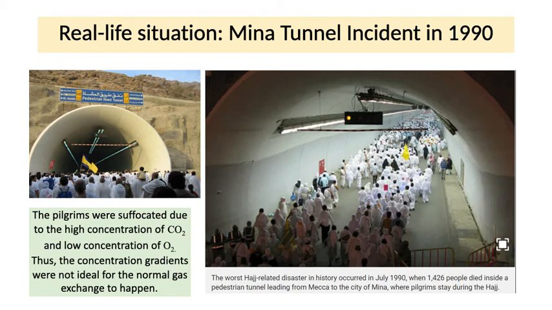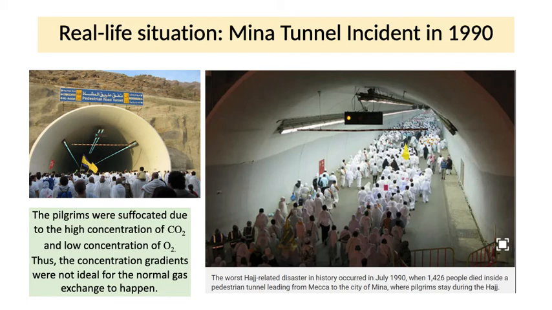In normal conditions, where the ventilation works well and the number of people who visited the sacred place through the tunnel was limited, this incident should not happen. However, somehow on that day, because of the errors, lots of pilgrims were suffocated.